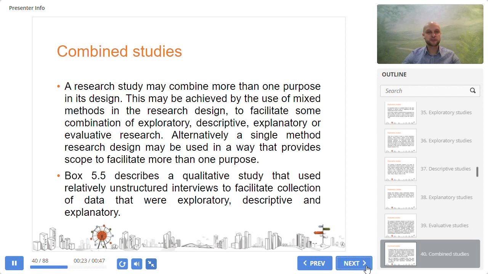Alternatively, a single method research design may be used in a way that provides scope to facilitate more than one purpose. The box on the next slide describes a qualitative study that used relatively unstructured interviews to facilitate collection of data that were exploratory, descriptive, and explanatory.